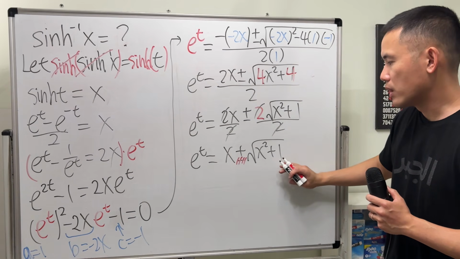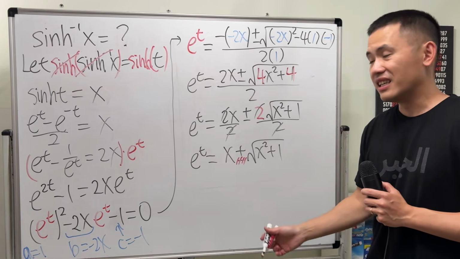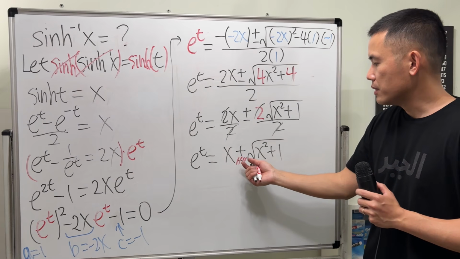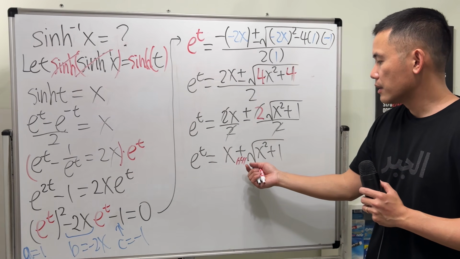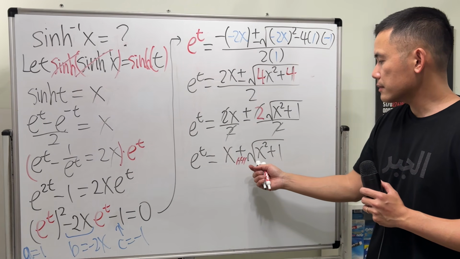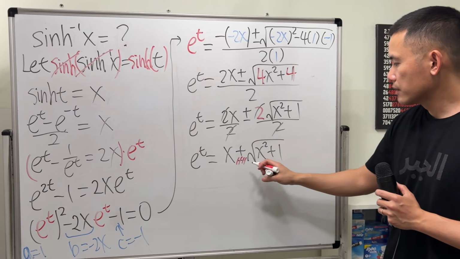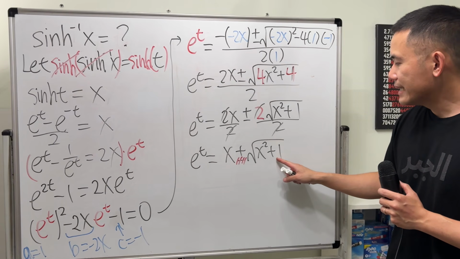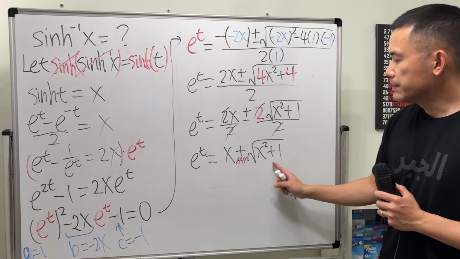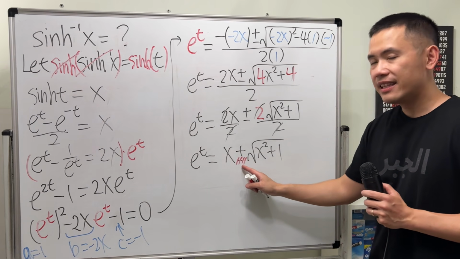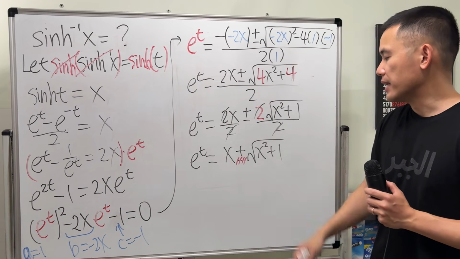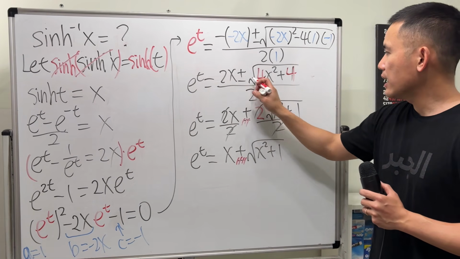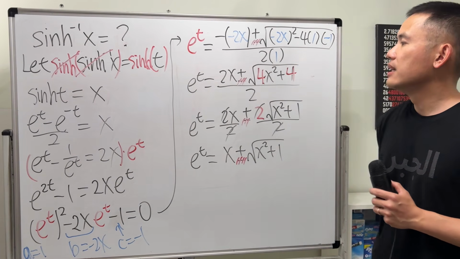Once we have the plus 1, that is bigger. If we had the subtraction, the result would be negative. So we have to get rid of that.